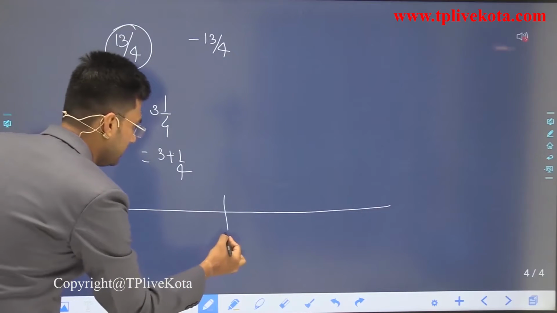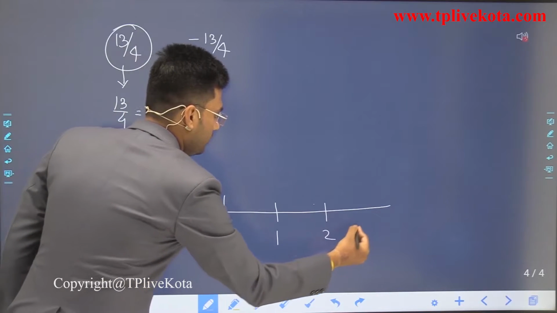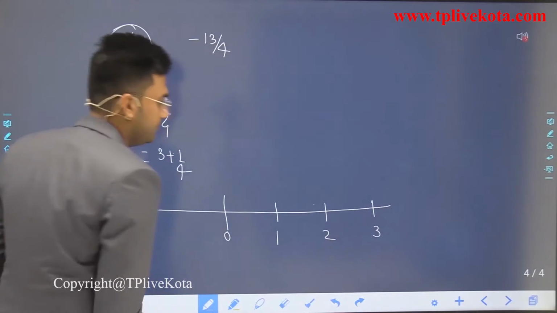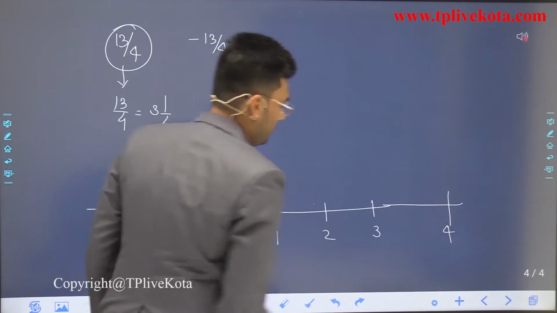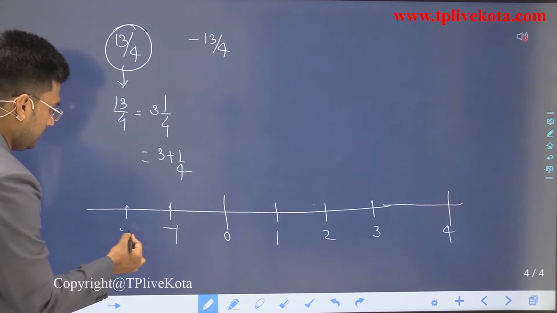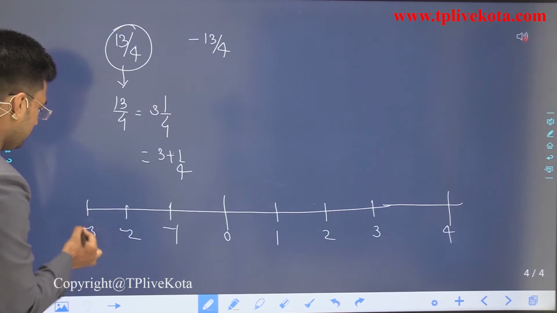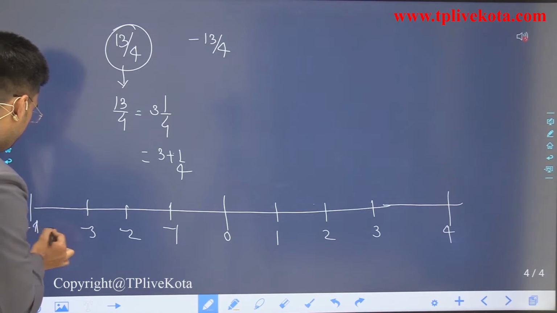So this is our number line: 0, 1, 2, 3, 4. Okay, and this is minus 1, minus 2, minus 3, and this is minus 4.